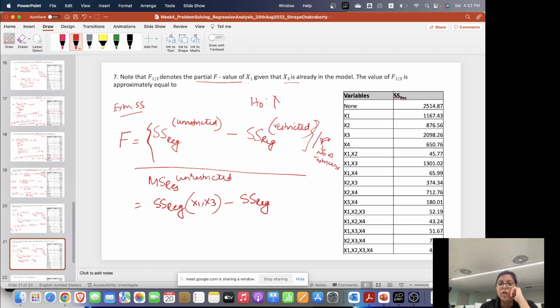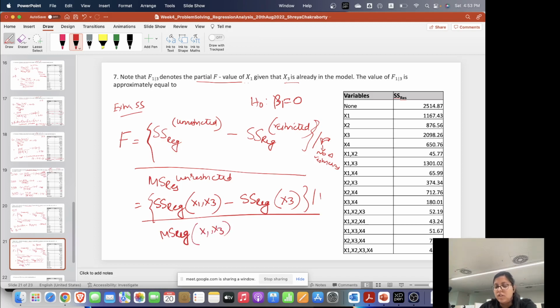Our restriction was beta 1 equal to 0, so the sum of squares due to regression will be only due to x3, because it is given that x3 is already in the model, and our r is 1 because that is the only restriction that we have, divided by MS regression due to x1 and x3.